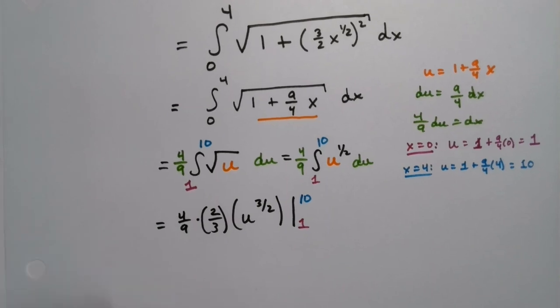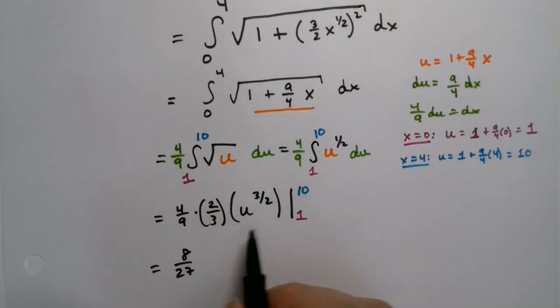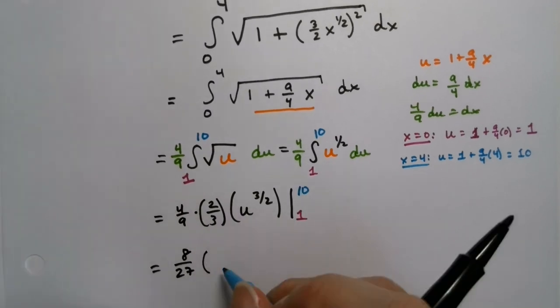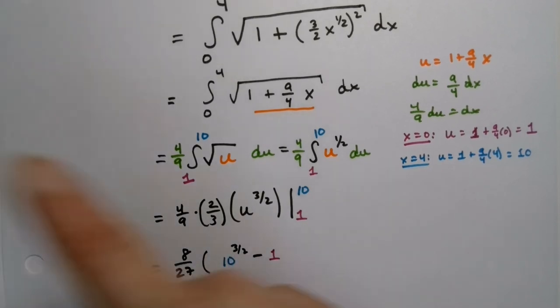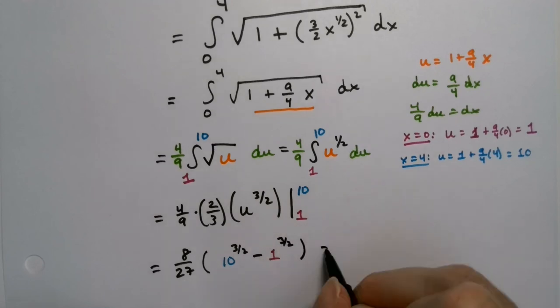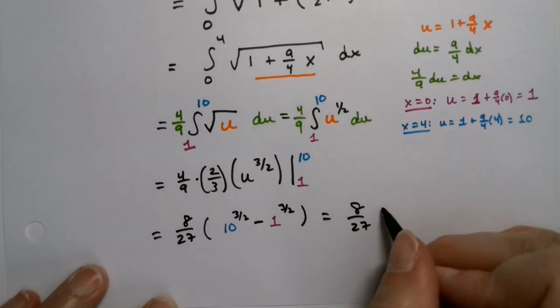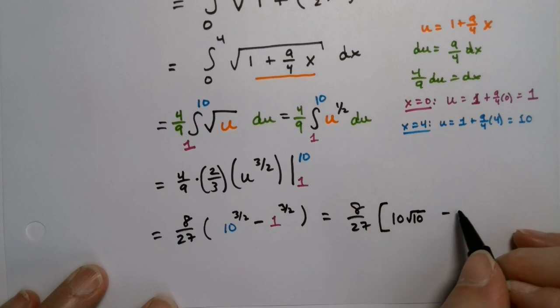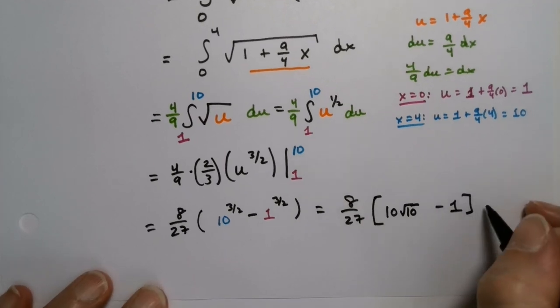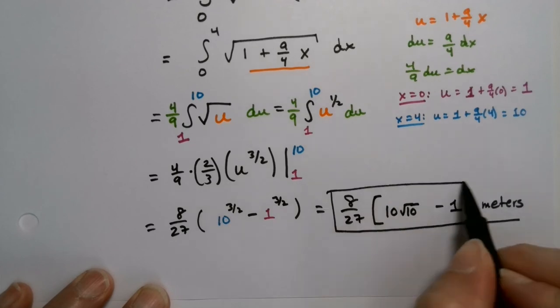All right, so 4 times 2 is 8, 3 times 9 is 27, so that's 8 over 27, and then it's 10 to the 3 halves minus 1 to the 3 halves, which is 1. So that's easy. And that would be 8 over 27. 10 to the 3 halves is 10 square root of 10, minus 1. And that would be meters, because they said X and Y were in meters. So it would be meters.